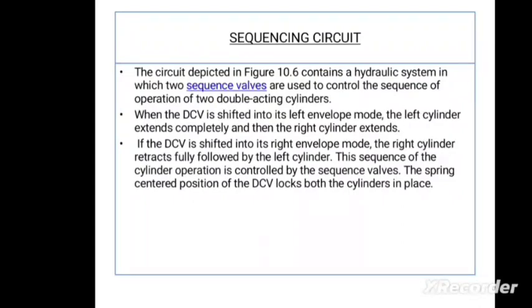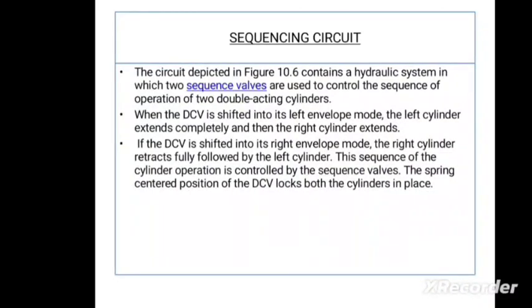If the DCV is shifted into its right envelope mode, the right cylinder retracts fully, followed by the left cylinder. This sequence of cylinder operation is controlled by the sequence valves. The spring-centered position of the DCV locks both cylinders in place.